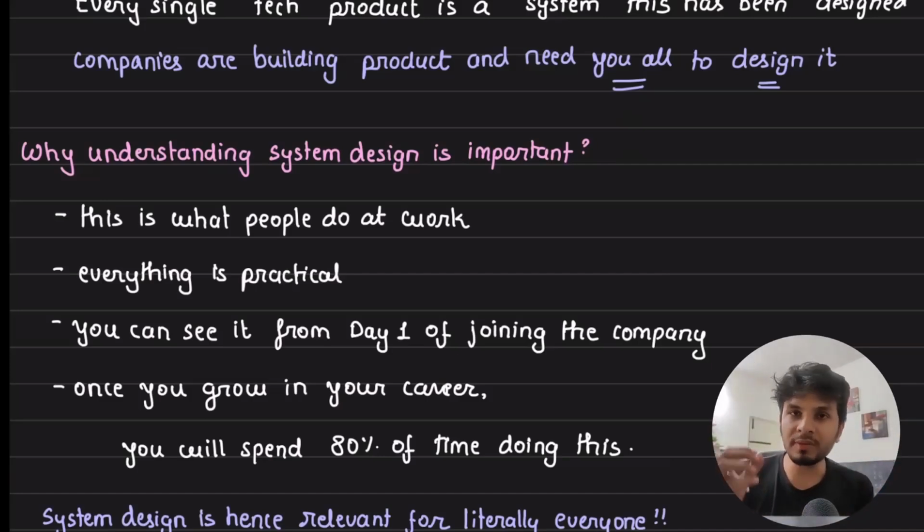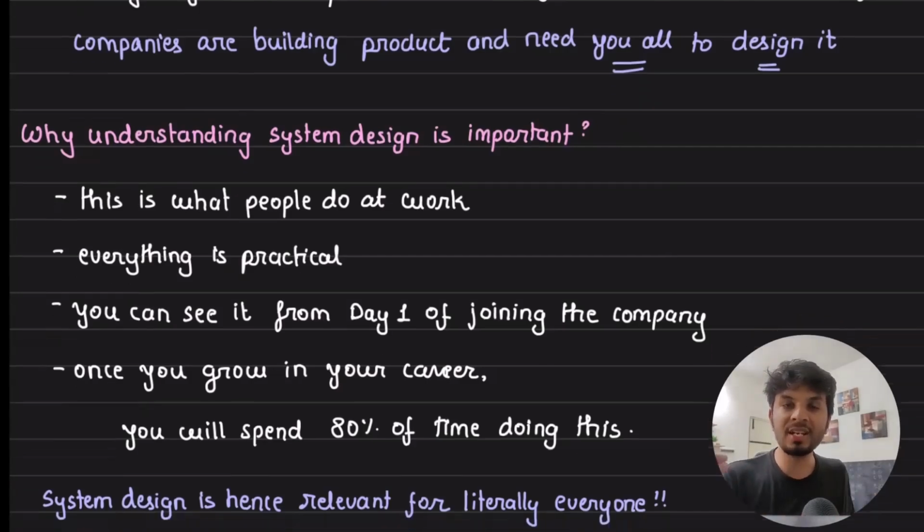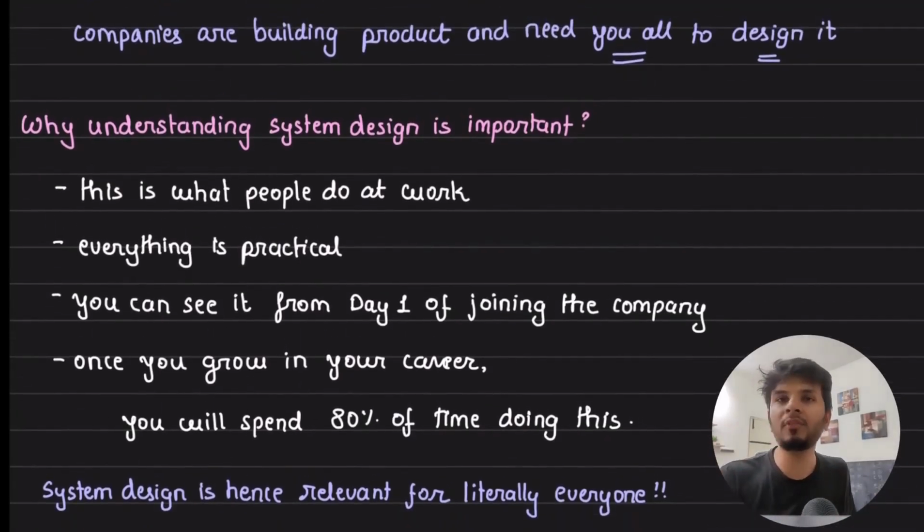And which is why this is the closest that we get to what is practically being done in an organization, right? When you join an organization, this is what you would see right from day one. Once your onboarding is done, once you give your photo proofs and identity proofs and whatnot, once you join the team, you become part of the team. The first thing that is handed out is, hey, this is the product that we build. These are the things that we drive.